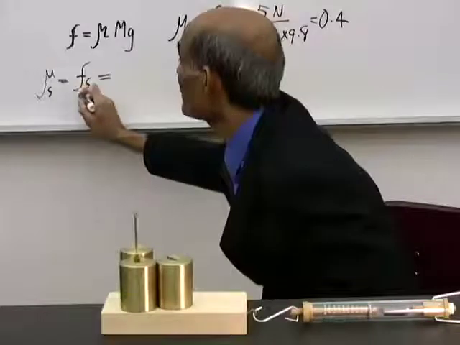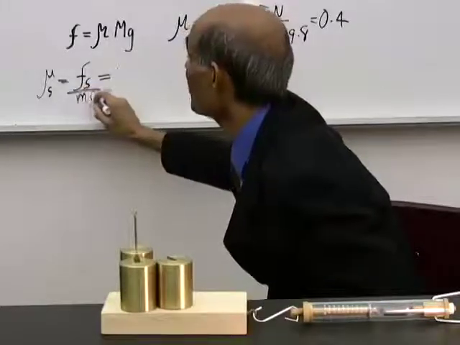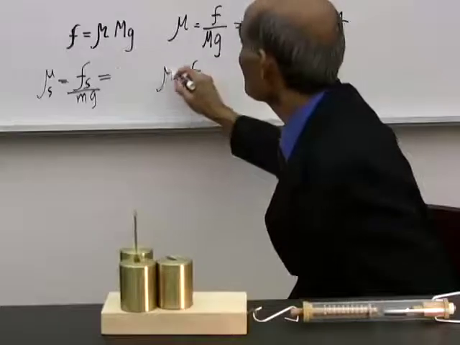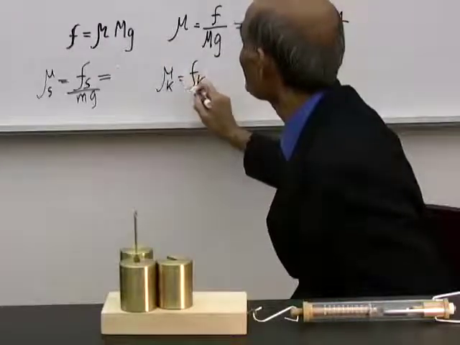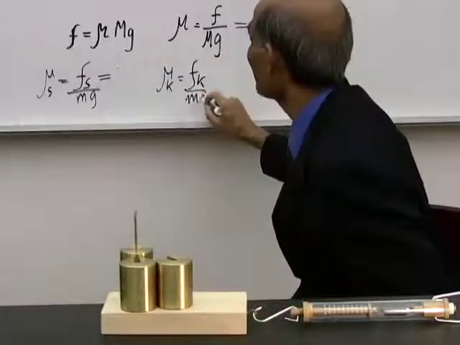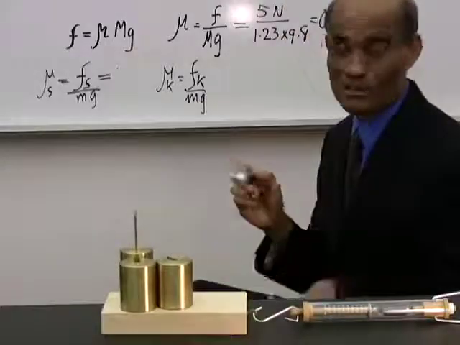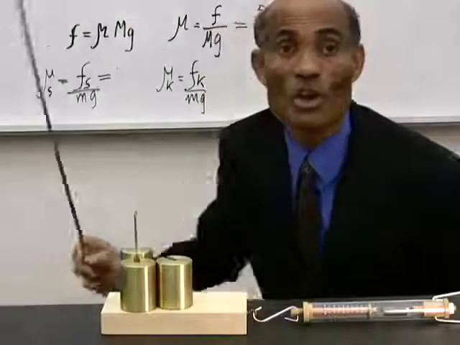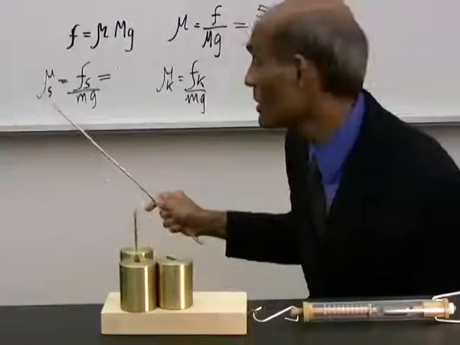Mu s equal to Fs over mg. Similarly, mu k equal to Fk over mg. So we will be using two types of coefficients of friction.